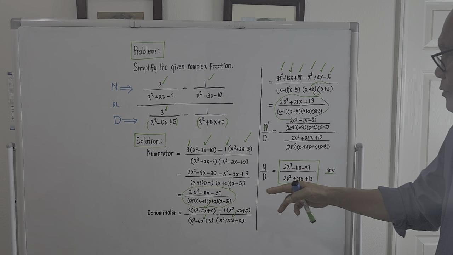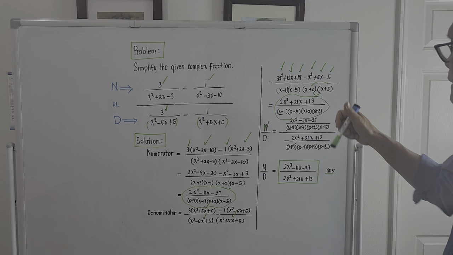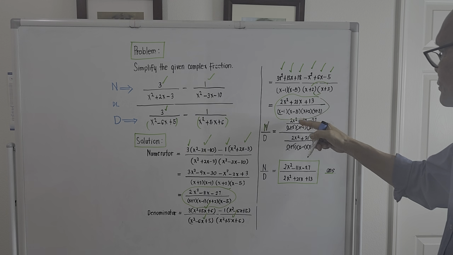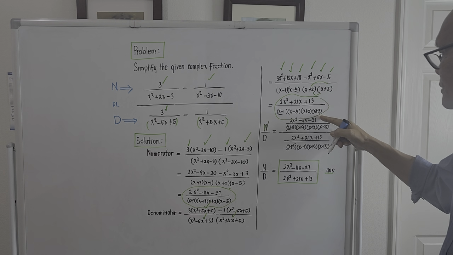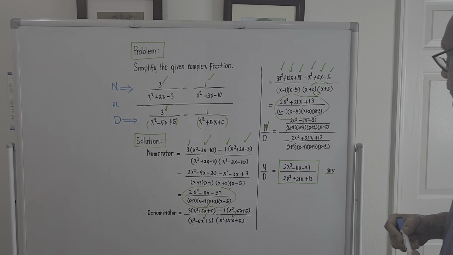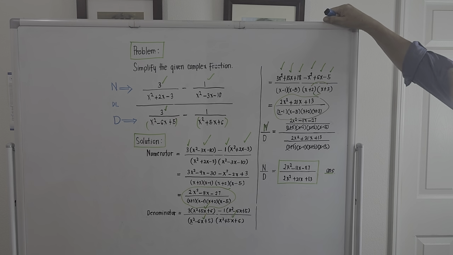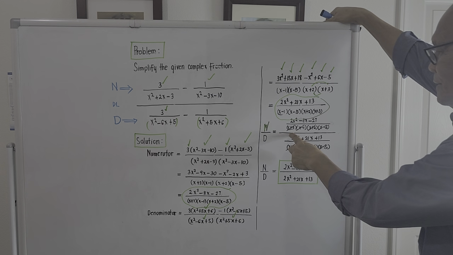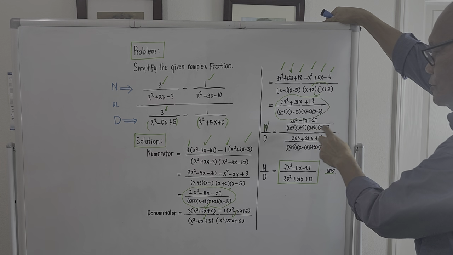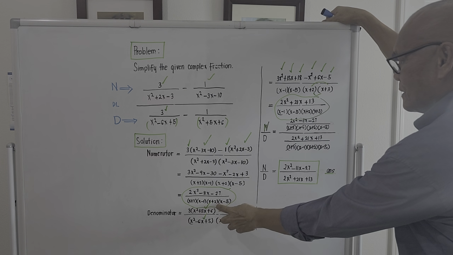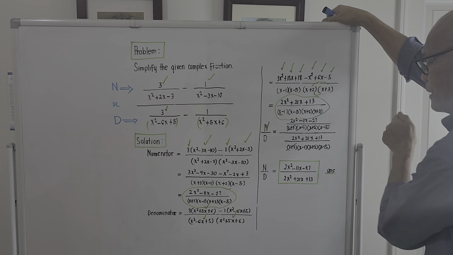So the numerator, as per our computation, is this one. This is 2x squared minus 11x minus 27 all over the four binomial factors for the numerator: x plus 3, x minus 1, x plus 2, x minus 5. It corresponds to this. All over.